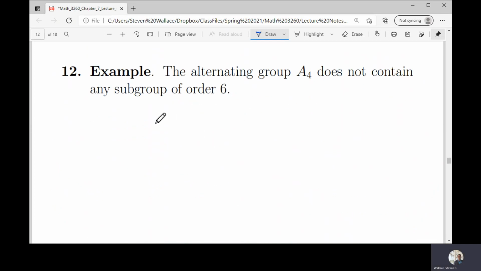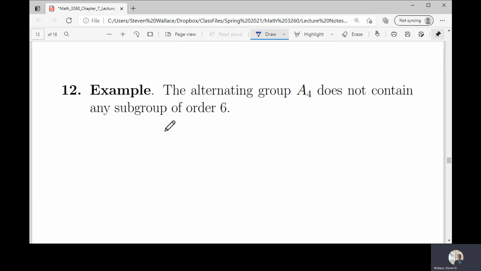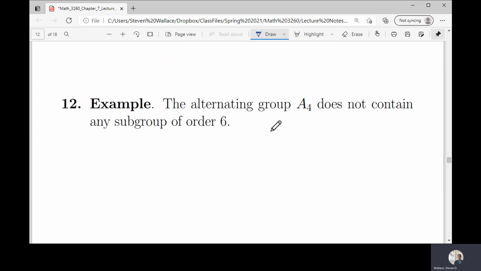All right, so maybe I can finish up this one thing, but actually let's stop here, and I will do this example and another couple things in a third video.